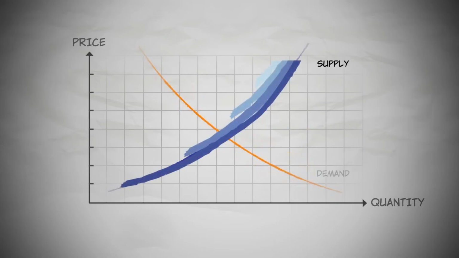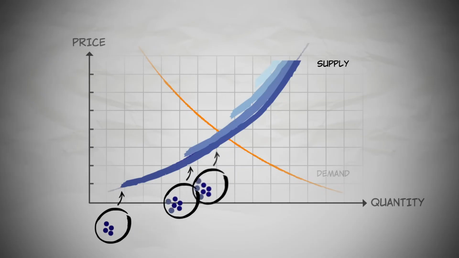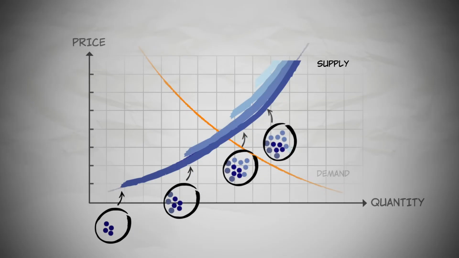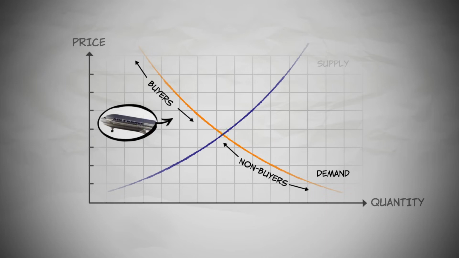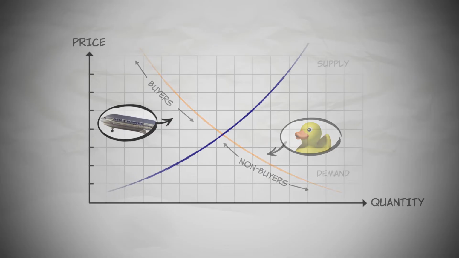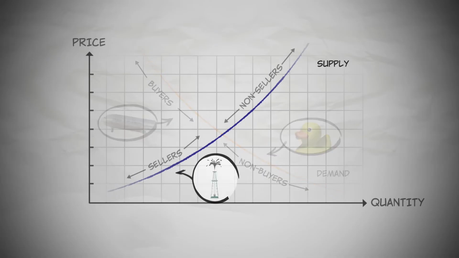On the supply side, at each price on the supply curve, we're looking at a group of suppliers whose cost of extraction is low enough to be profitable at that price. At the equilibrium price, these higher value groups are the buyers and these lower value groups are the non-buyers. Also notice that every seller has lower costs than any of the non-sellers.